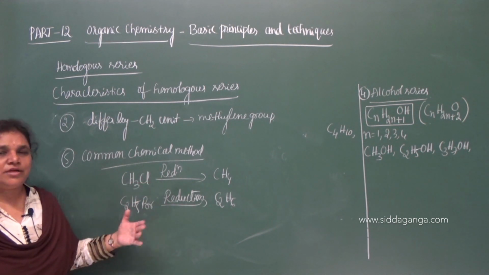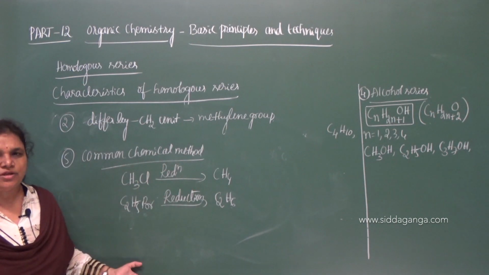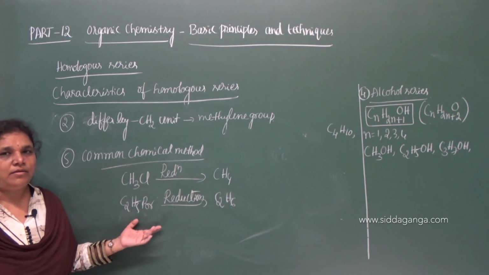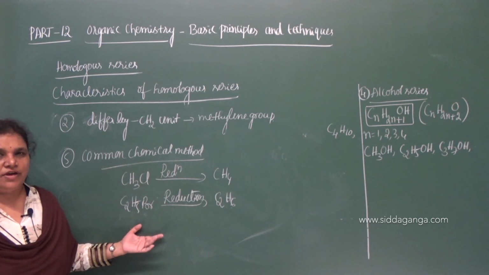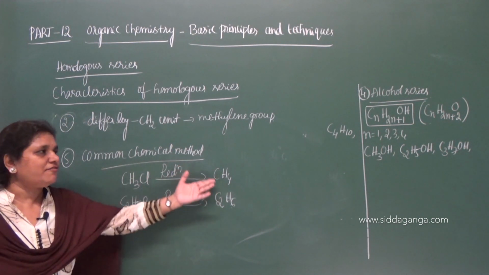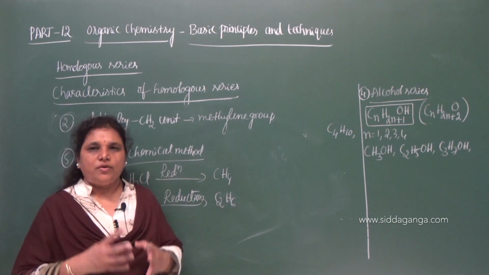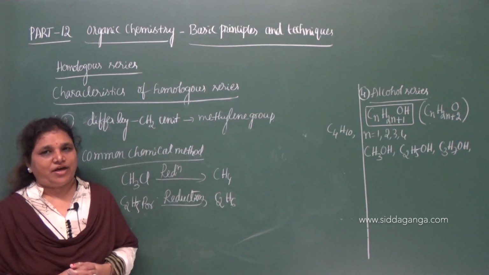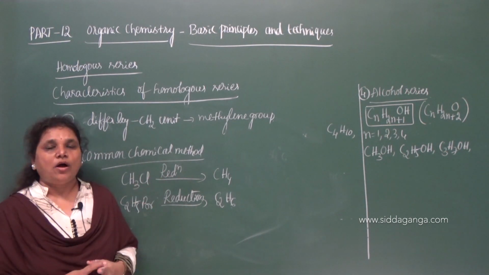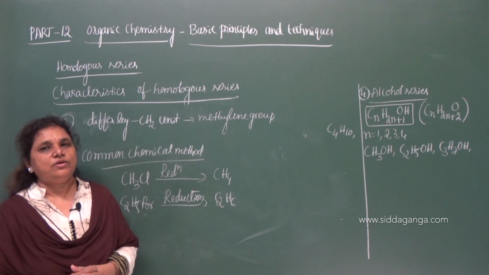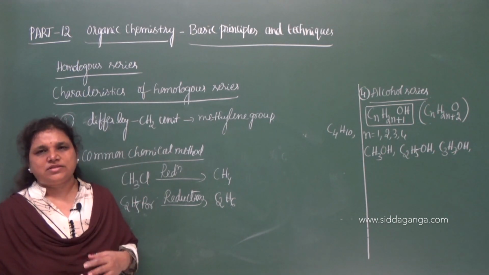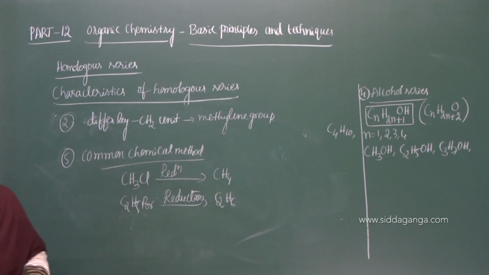When haloalkanes undergo nucleophilic substitution with aqueous KOH, or alkali hydrolysis, it results in the formation of the respective alcohols. It is definitely a common chemical method that we can use for the preparation of all the members of a homologous series. Okay, now the last one.